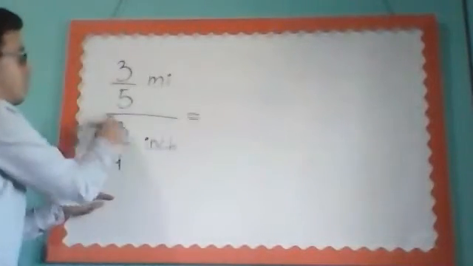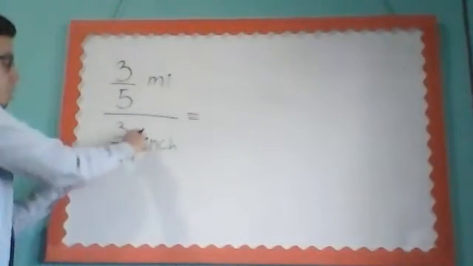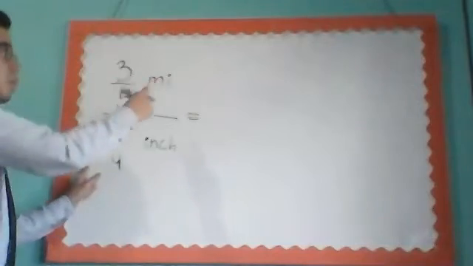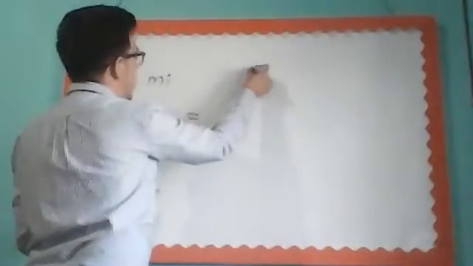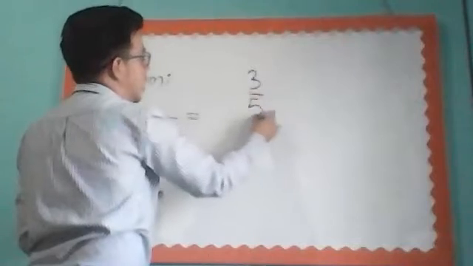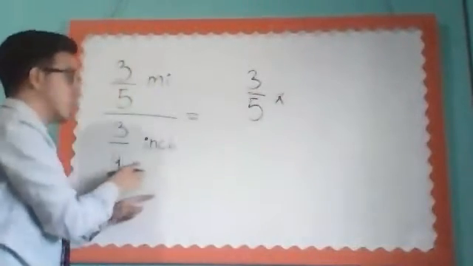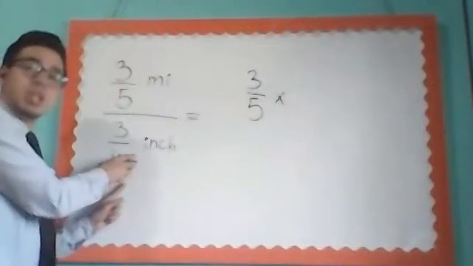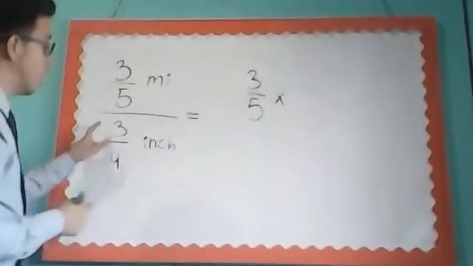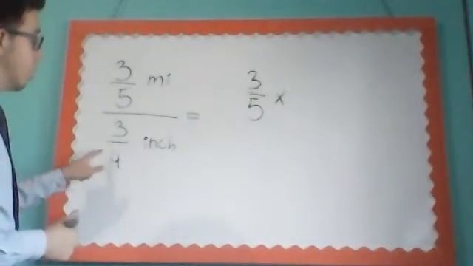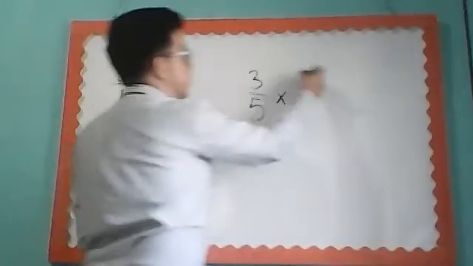Now remember, if you don't want this dividing, you pass the division to the top, but I'm going to multiply. I have 3/5 times. If I multiply, I'm going to change the fraction. I need to invert it. So I don't have 3/4 anymore, I have 4/3.